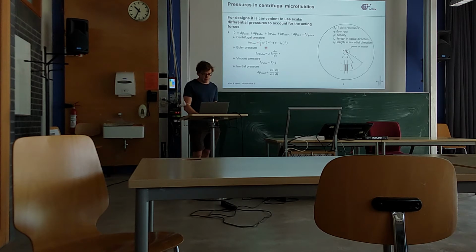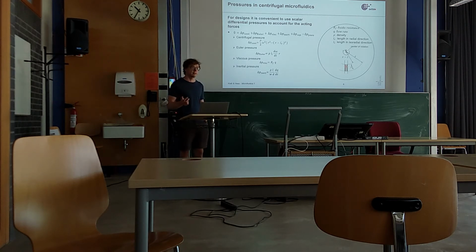The first thing that you can see if you look at the centrifugal pressure is that there is a dependence on the liquid column height. This is something that you might also know from gravity. If you think about the sea level, the deeper you go underwater, the stronger the pressure on you will be.